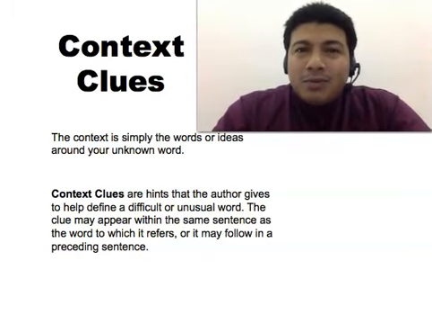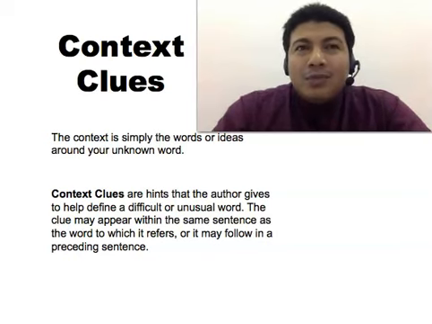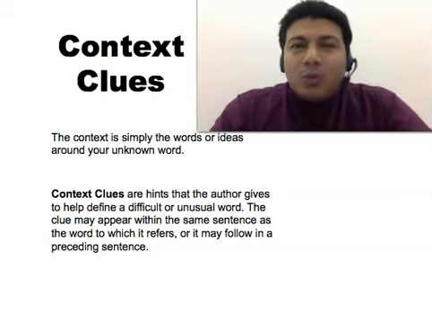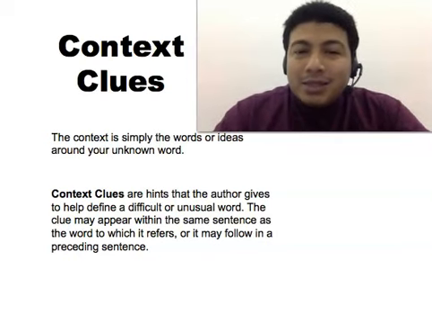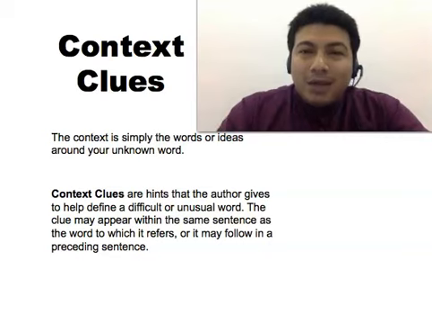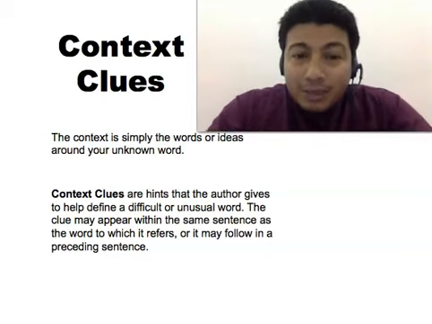Guessing doesn't mean you need to guess the exact meaning of those words. You can guess a meaning that is close enough that you can fill in the sentence and make the sentence relevant and make sense. So that is about context clues.